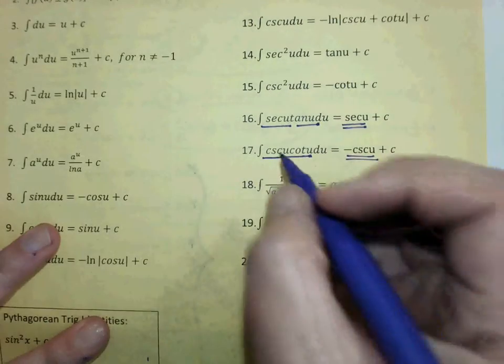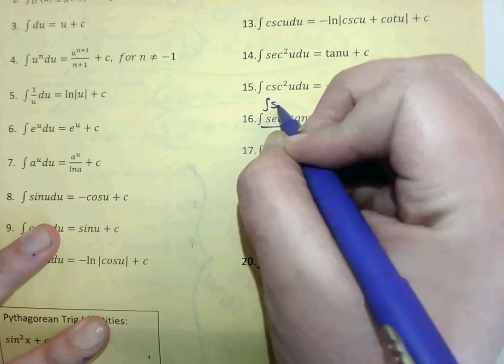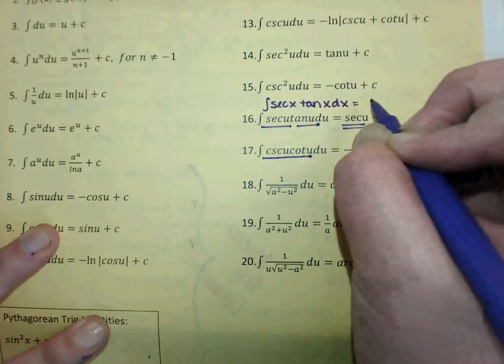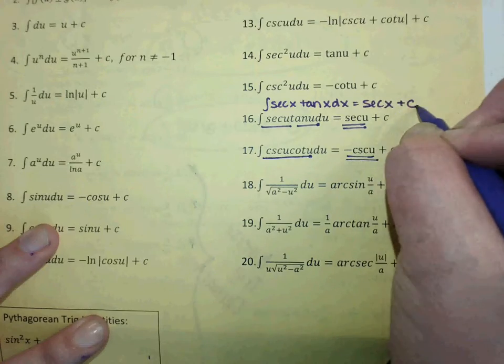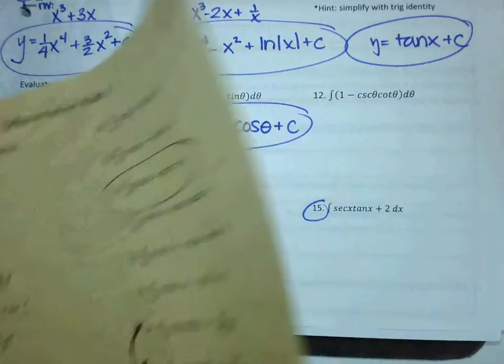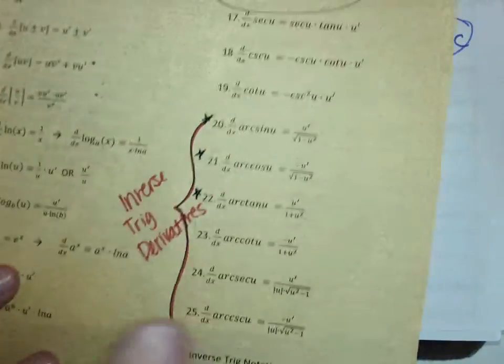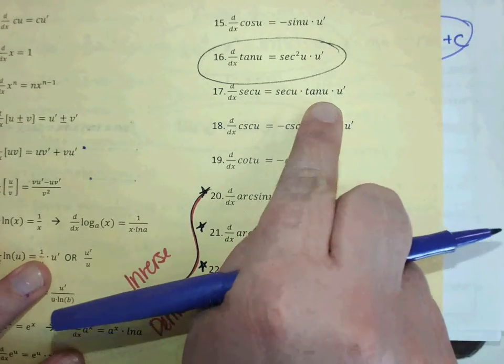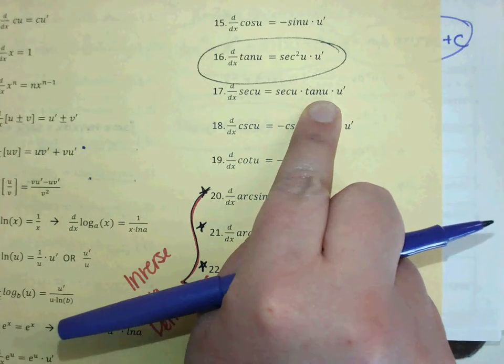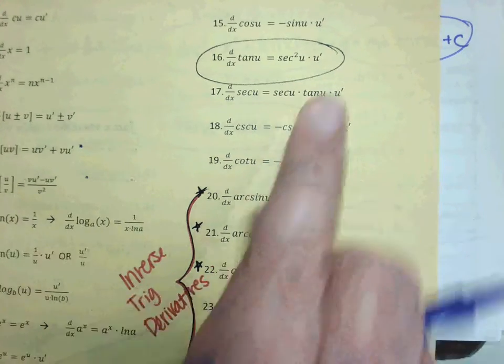So for example, this says the integral of secant x tan x dx equals secant x. They changed it to a u just because of chain rule, but it's the same exact thing. Okay, what's the derivative of secant? Secant tan. So then the integral of secant tan goes back to secant. Yeah, because it's the same rules, they're just backwards. Okay?